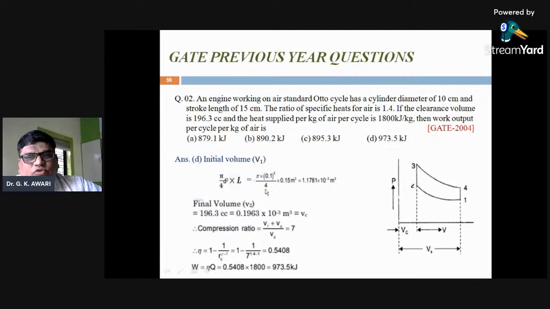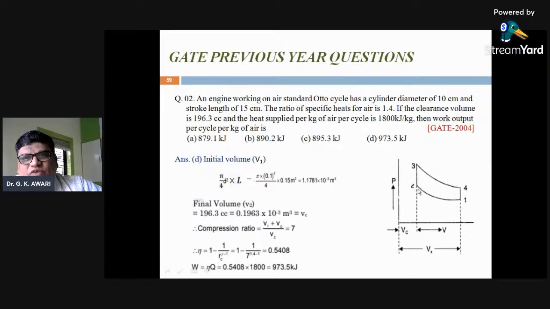So the volume is calculated as pi into 0.1 square divided by 4 into 0.15 meter cube. Therefore, 1.1781 into 10 to the power of minus 3 meter cube is the volume.